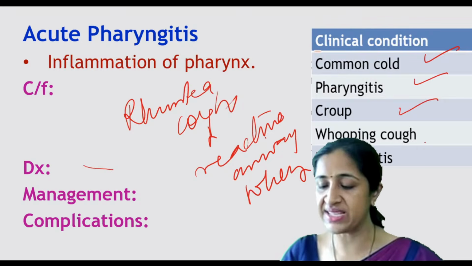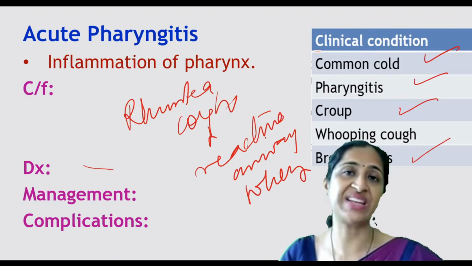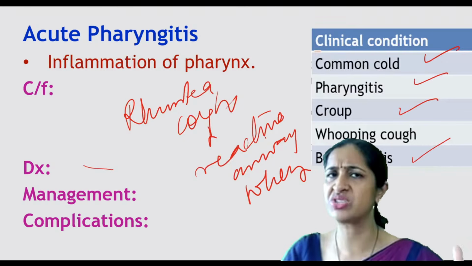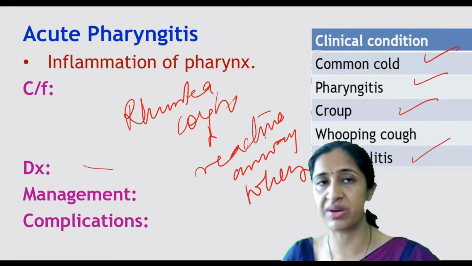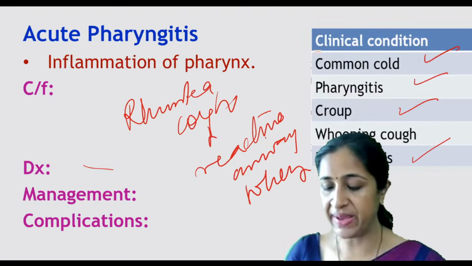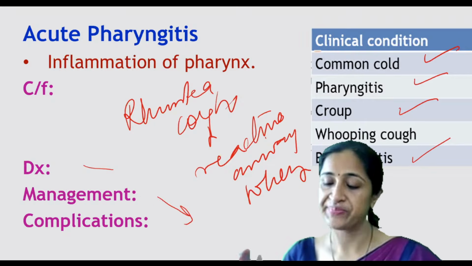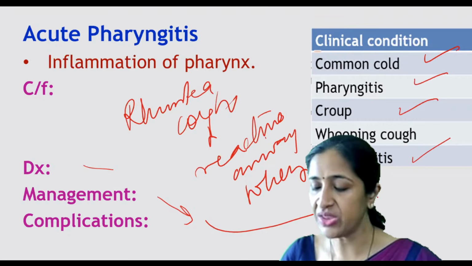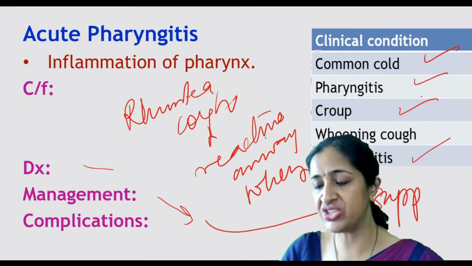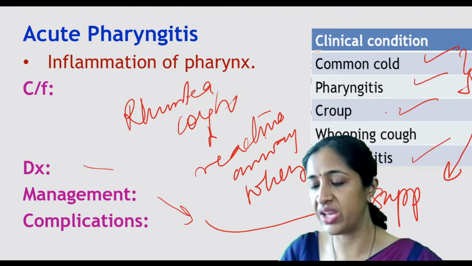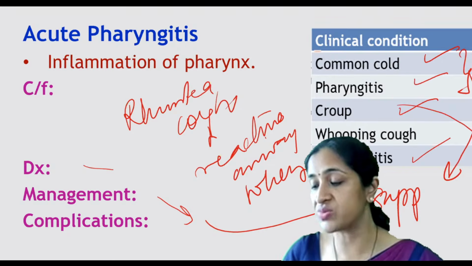Whooping cough we discussed. Bronchiolitis is where the child is tachypneic, wet cough, but on auscultation you're not finding that many creps. That is primarily bronchiolitis. Okay. Management, you have to manage supportively. Each case is managed differently. Common cold, manage supportively. Pharyngitis, manage supportively. Croup, laryngotracheobronchitis, what are you going to give?